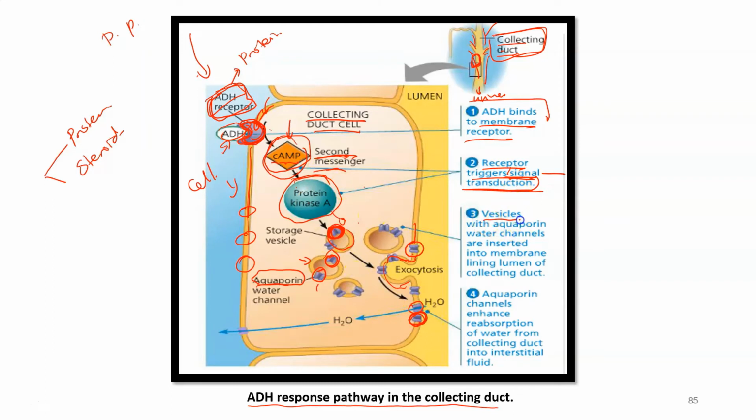Vesicles with aquaporins, water channels, are inserted into the membrane lining the lumen of the collecting duct through exocytosis. The aquaporin channels enhance reabsorption of water from the collecting ducts into the interstitial fluid.